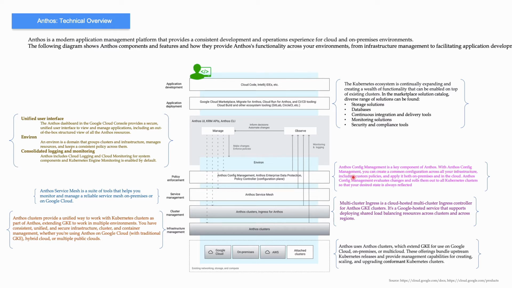With Anthos Config Management, you can create a common configuration across all your infrastructure, including custom policies, and apply it both on premises and in the cloud. It evaluates changes and rolls them out to all Kubernetes clusters so that your desired state is always reflected. Now, at this point, you have taken care of complete management of all of the clusters.